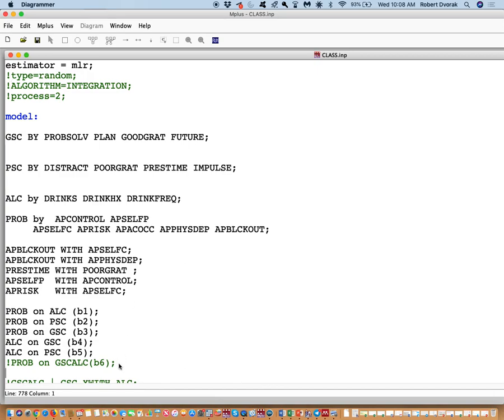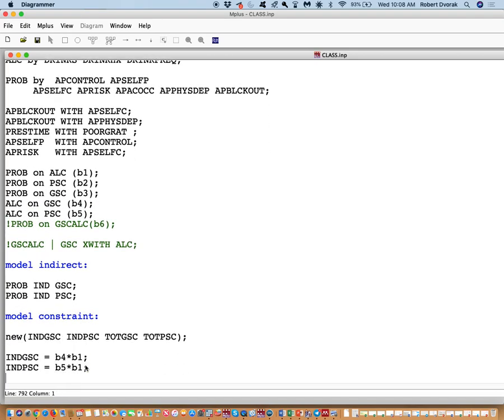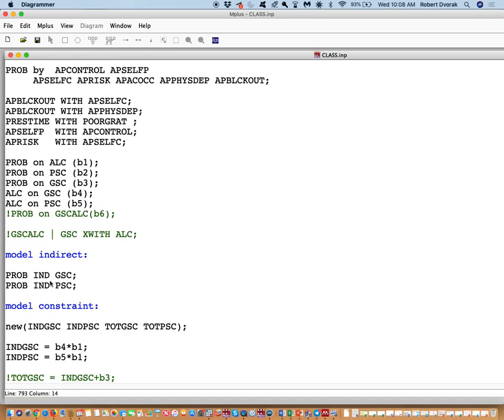The only reason that I want to do this is I want to show you that when we comment back in model indirect, we will get the same values. Model indirect is the simple way of doing this right here. But we can't run model indirect if we have algorithm equals integration, so we've got to comment that out, and we've got to remove that latent variable interaction. So has everybody done this? This is the very first model that we specified, right?